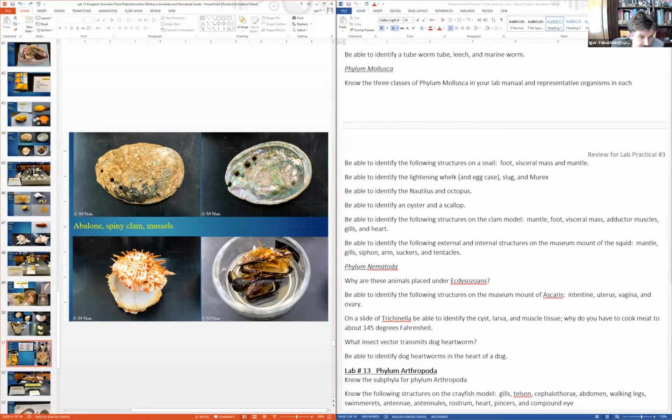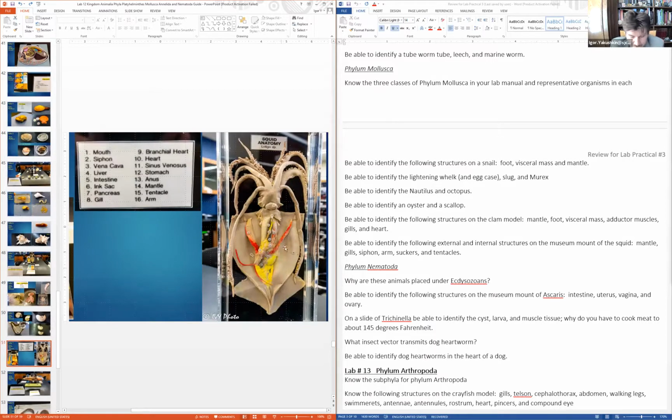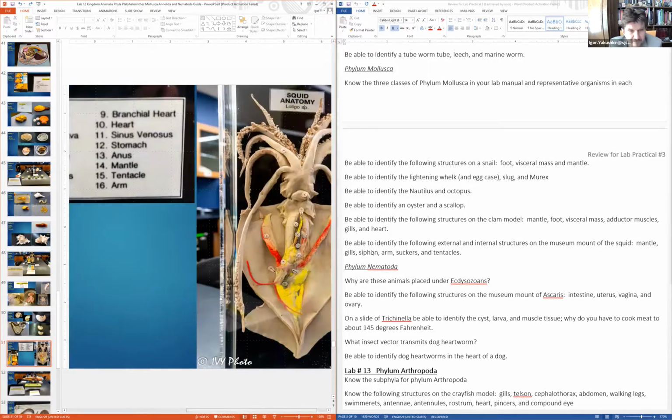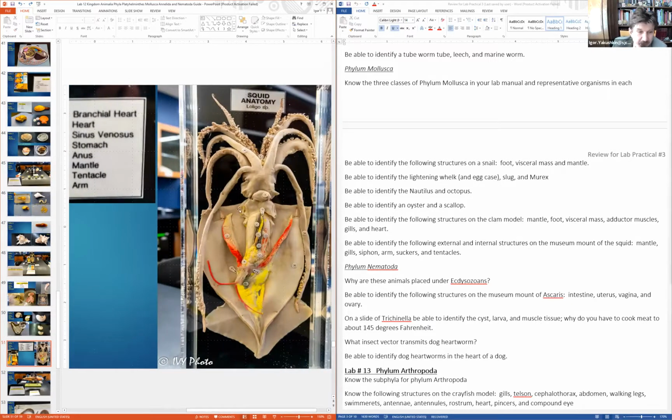Be able to identify structures on a squid. Let's take a look at this guy right here. It could be a little bit tricky, and some of the structures are hard to see, but that one is definitely longer than this one. These are the arms, and that's the tentacle, two of them. The suckers are on top of the tentacles as well as the arms. Then we have the siphon right here, and those would be the gills.